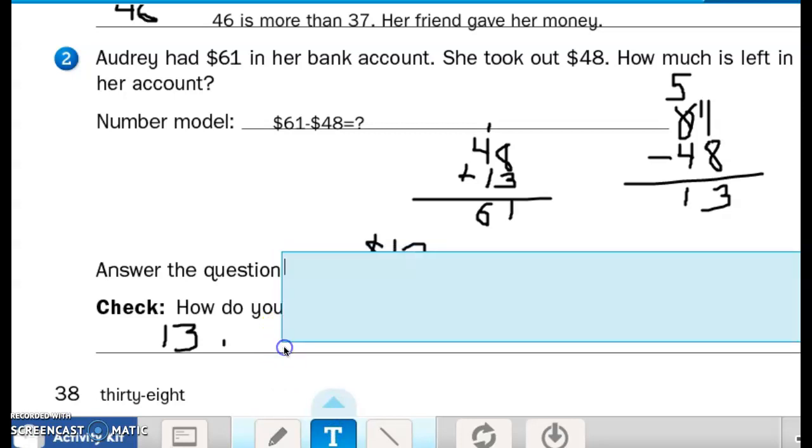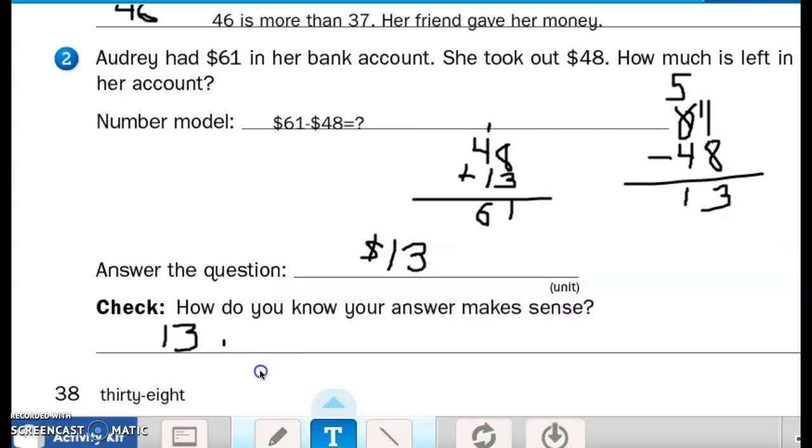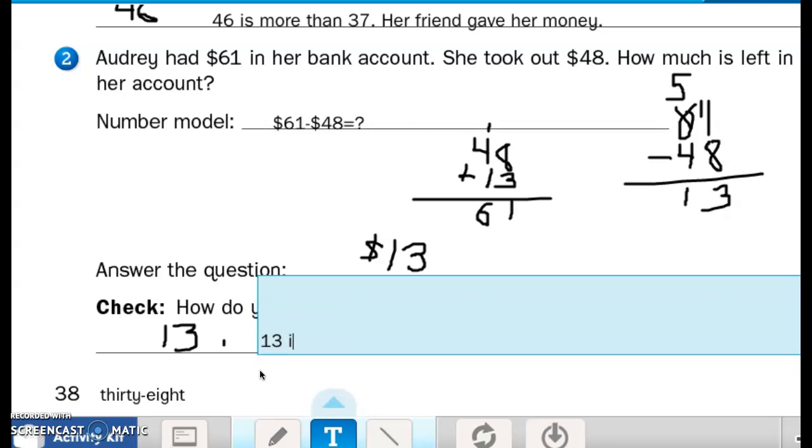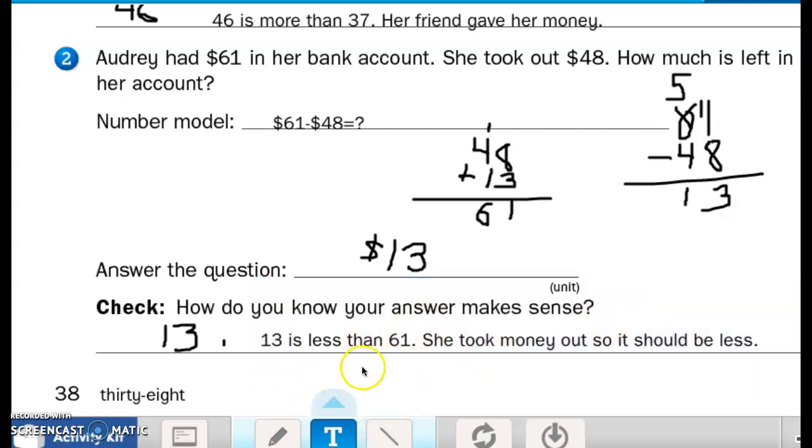Okay. 13 is less than 61. She took money out so it should be less. So there we go. That's why our answer makes sense.